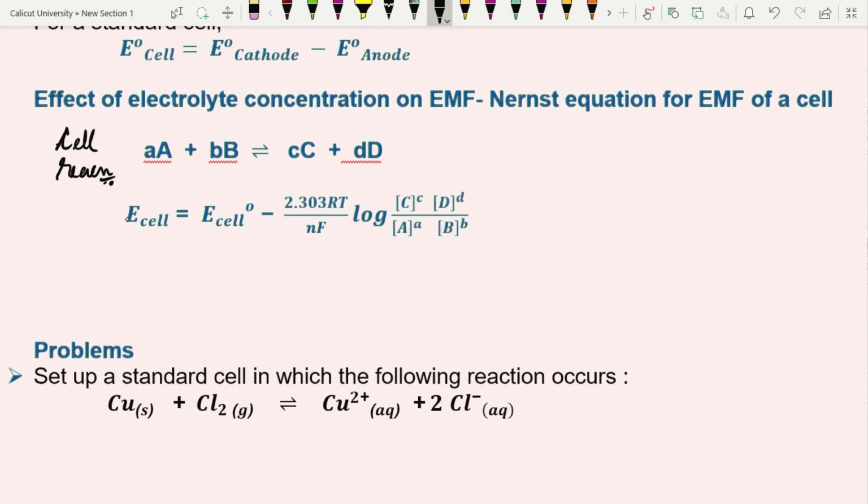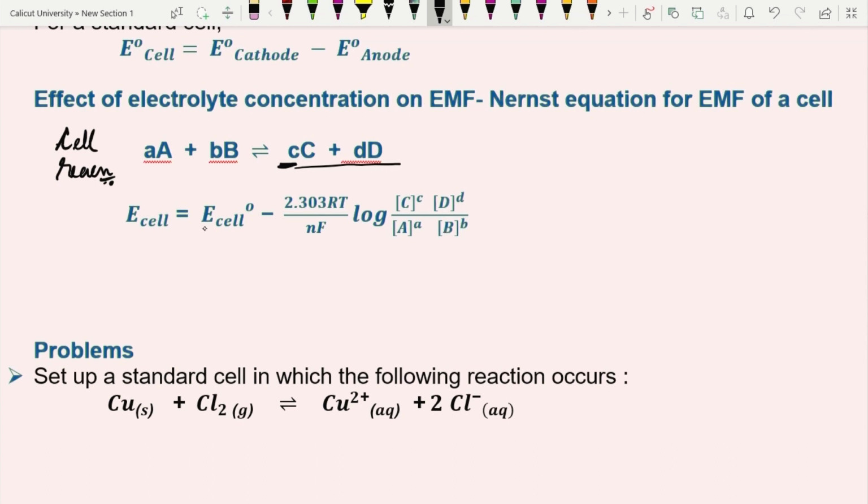So, here, instead of electrode we are going to take E of cell, and instead of E naught of electrode that will be E naught of cell, minus 2.303 RT by nF log of the products. So, the concentration of C, that is the molar concentration, you have c moles of C, and therefore that should be raised to the power of c, and D you are having d moles, and therefore the molar concentration of D raised to d, divided by the molar concentration of A raised to a and the molar concentration of B raised to b.